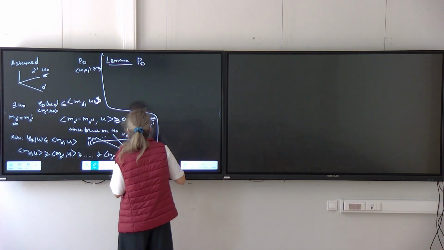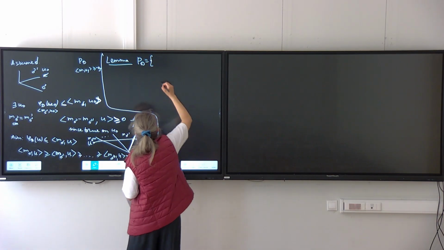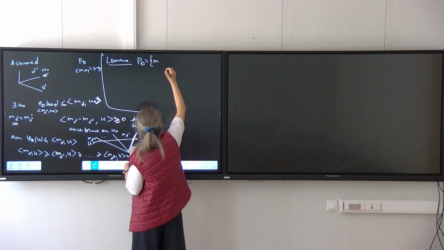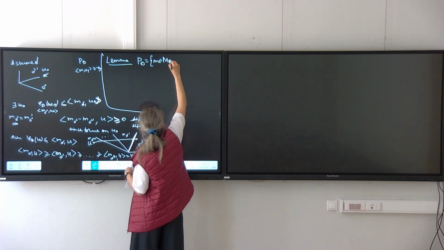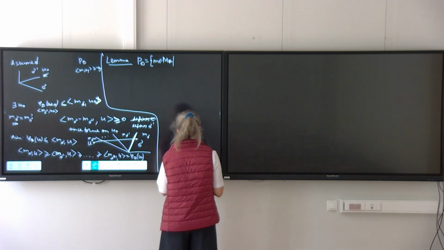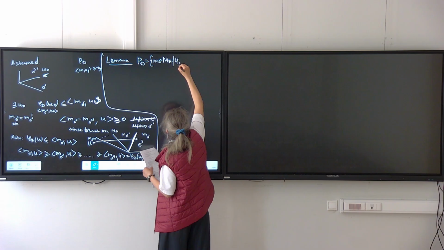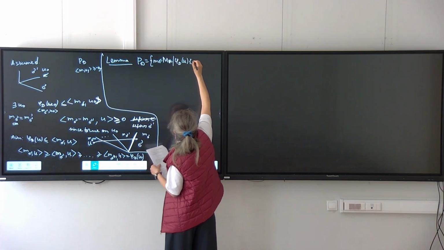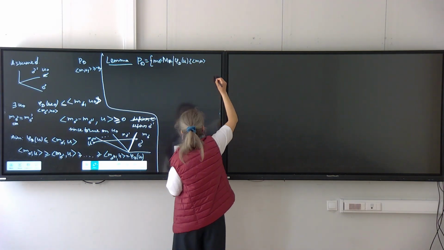But now we state that PD, we take it over real numbers, will be the set of all m such that phi D of u is less or equal than the scalar product of m and u for all u from our fan.